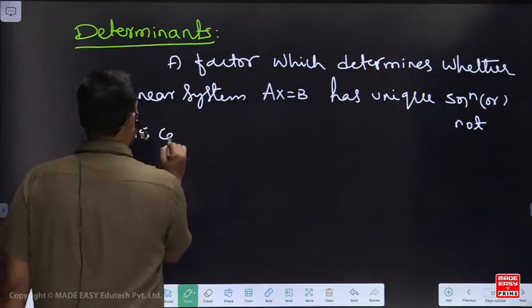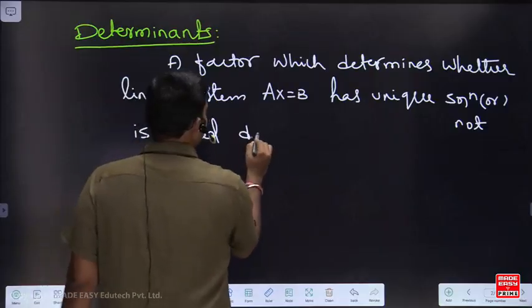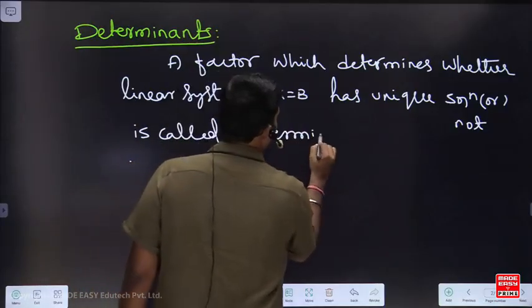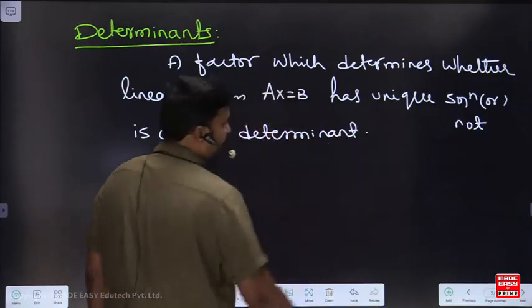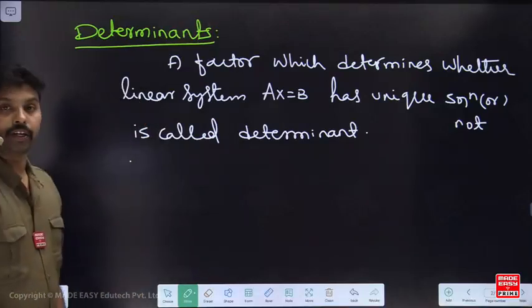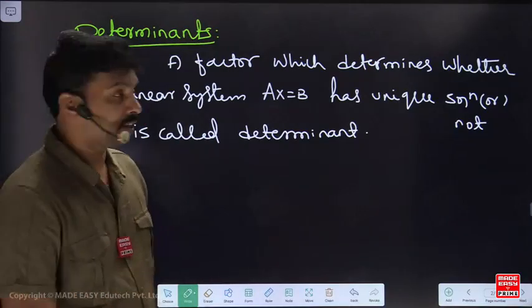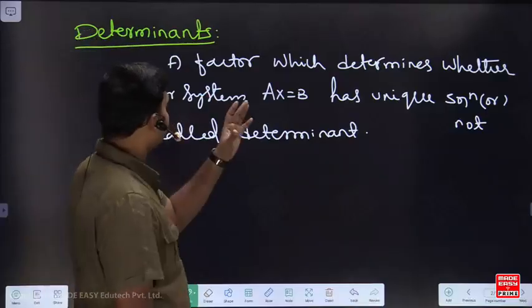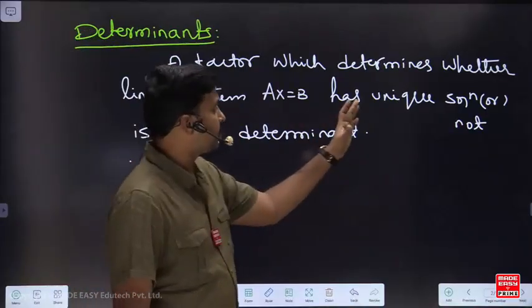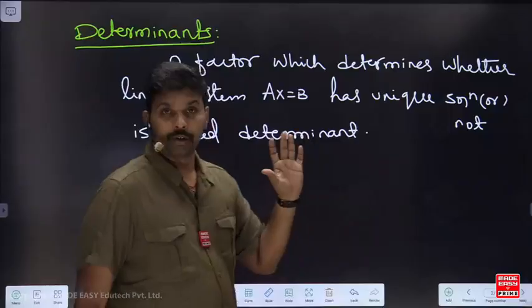That is called the determinant here, right? So this is what we say, that it's a determinant: a factor which determines whether the linear system has a unique solution or not, right?